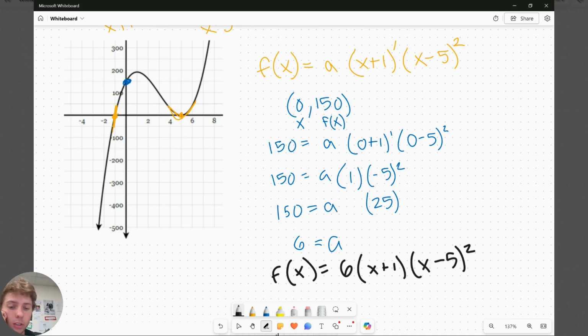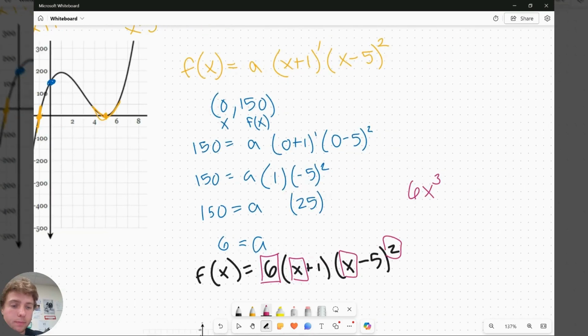Well, one thing that I want you to pay attention to when you go through this process. Notice our a value is positive. Notice our degree: x squared times x is x cubed. So our leading term would be 6x to the third. One thing we talked about is end behavior. This is a positive odd degree.